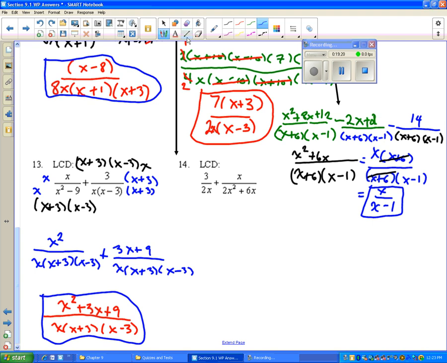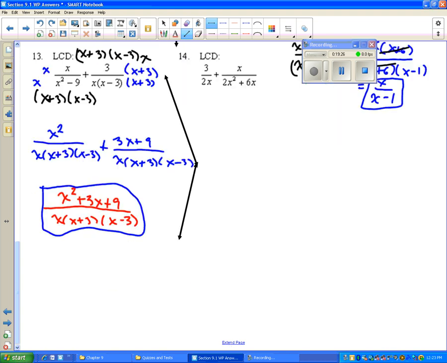Lastly, we have number 14. Let's see what we can do with number 14. I have a 2x in my denominator, so my LCD has to have a 2x. 2x squared plus 6x. I can factor a 2x out, leaving x plus 3. So what I'm missing in my LCD is an x plus 3.